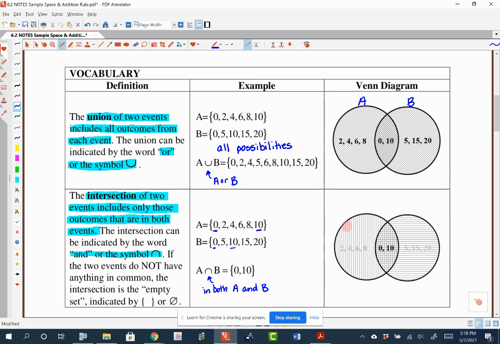We could also look at our Venn diagram again. So we still have A and we still have B, but what we're really paying attention to is that overlapping piece. What do they have in common? So I just want that overlapping piece, what they have in common.